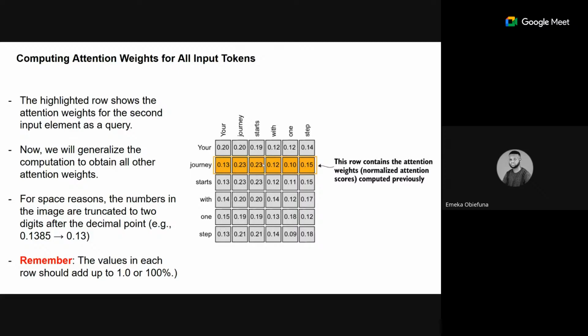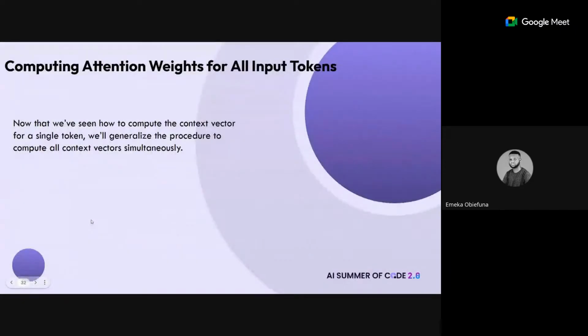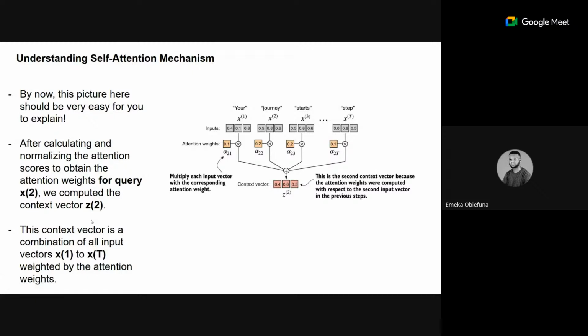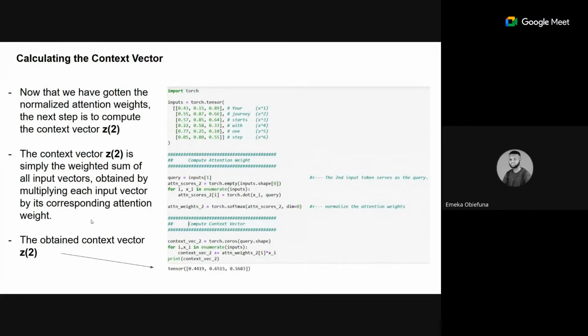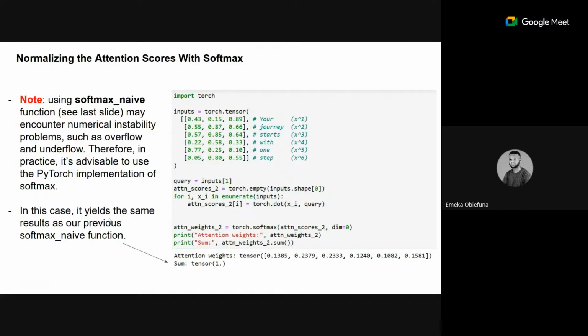Once we've been able to get this, we are then going to be able to compute the context vector that corresponds to each input token in our sequence. And remember that the values you have here, if you notice from our previous slides, when you run this yourself, the first value that we have there is 0.138.